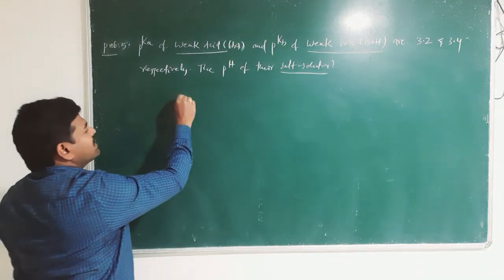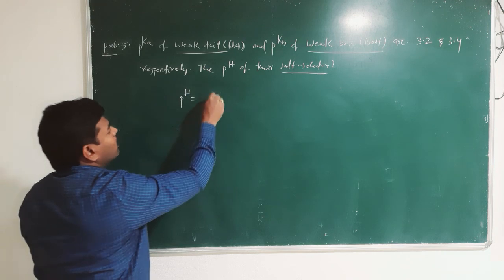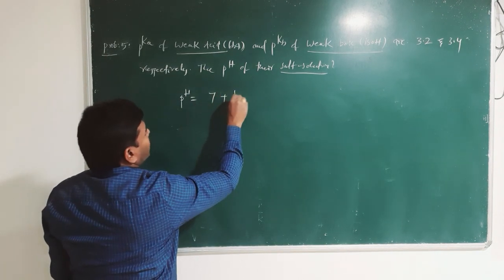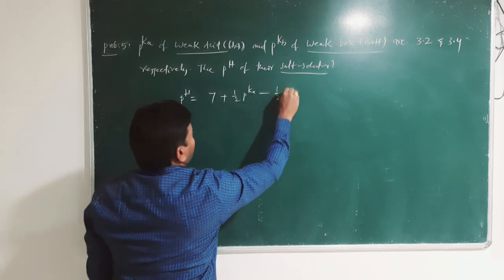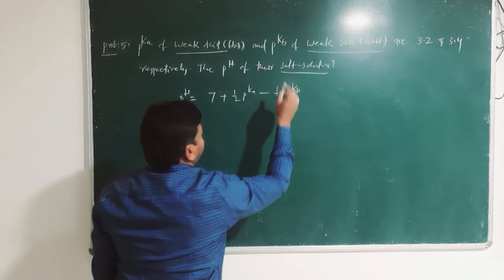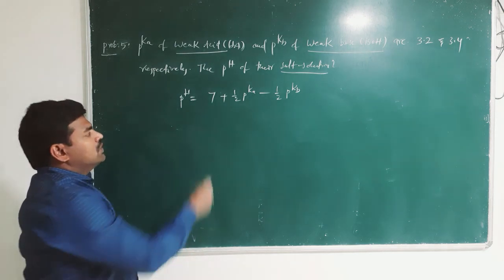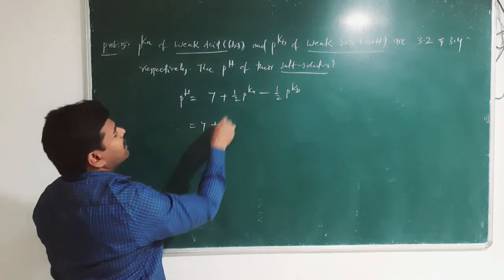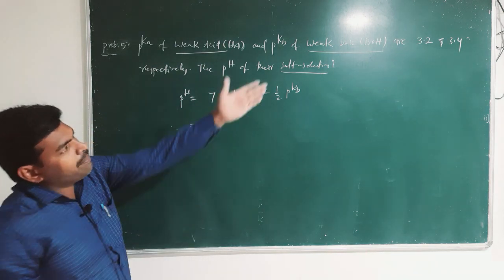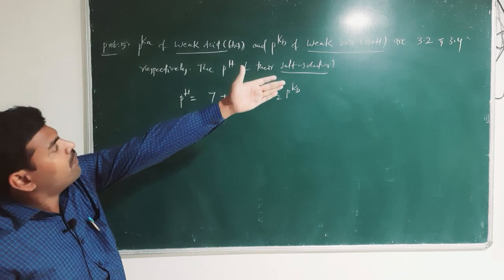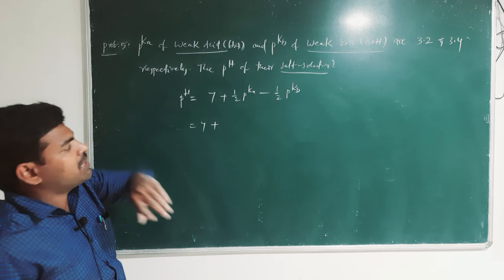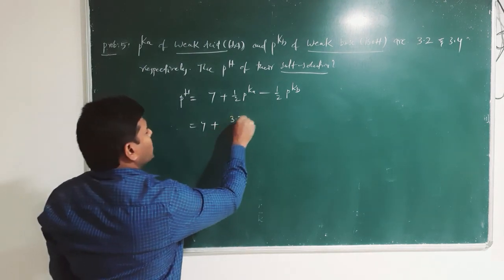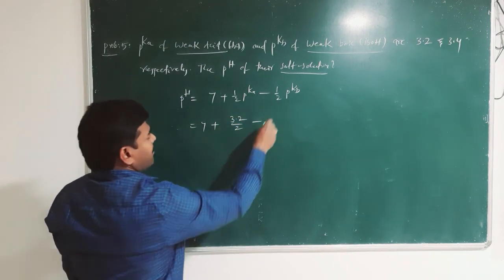The formula is pH is equal to 7 plus 1 by 2 pKa minus 1 by 2 pKb. So 7 plus pKa value, they gave that pKa and pKb are 3.2 and 3.4 respectively.